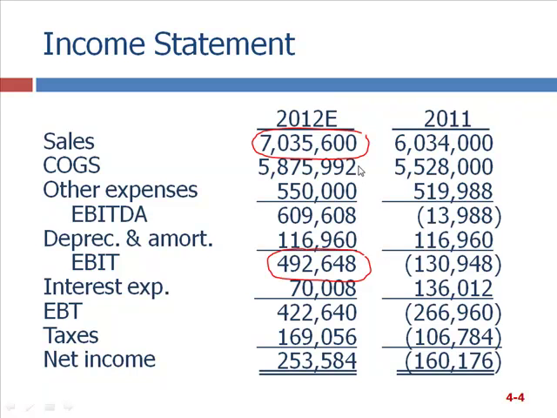Most of it cost of goods sold, then we have other expenses and depreciation and amortization. By the time we get here, only 7 cents of each dollar of sales remains as operating profit. So our operating margin is 7%.